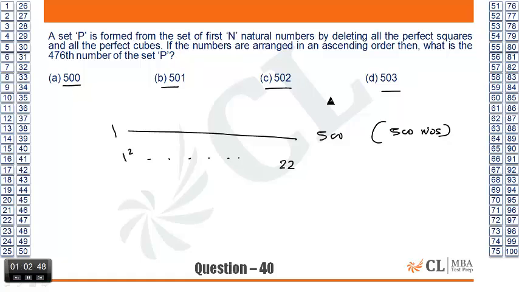And perfect cubes will be common in some. 1 is already counted. 2 cube is 8, 3 cube is 27, 4 cube is 64, which are counted there. 5 cube is 125, which is not counted. 6 cube is 216, not counted. 7 cube is 343, not counted. 8 cube is 512, which crosses 500. So this has got 5 fellows, and this has got 22 fellows. So total 27. So 500 minus 27.